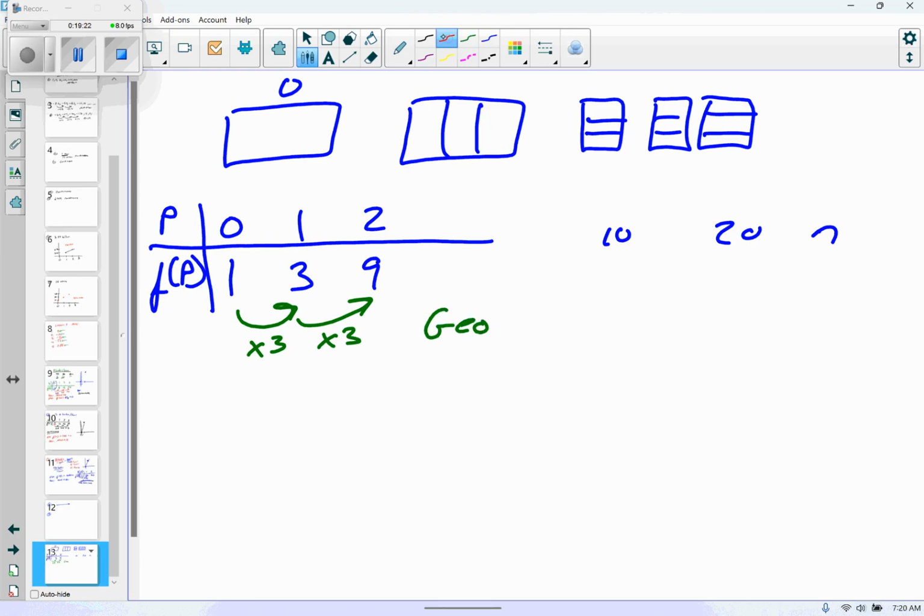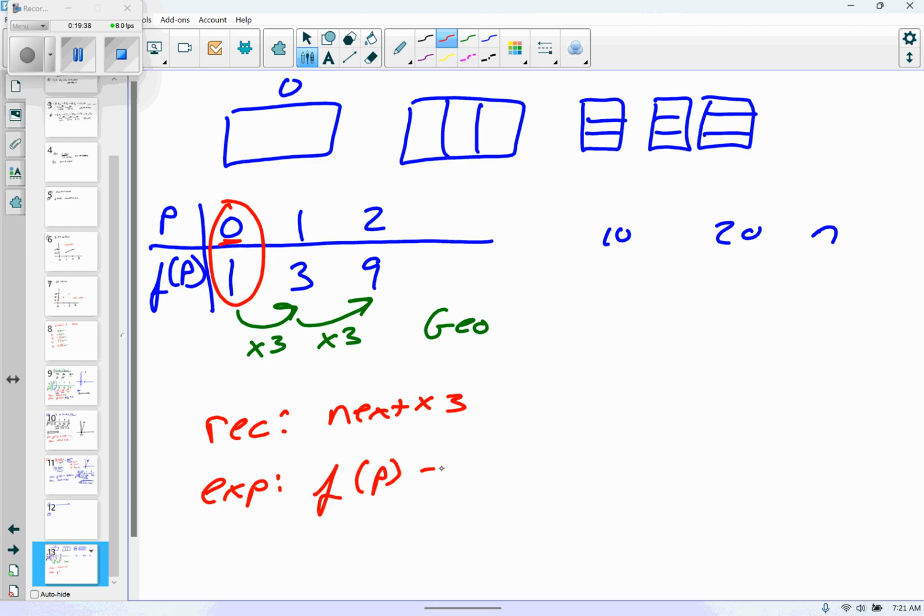I don't have to use an n minus 1 because I have a 0 there. So my recursive is going to be next times 3. My explicit is going to be F(P) equals our first term 1 times our multiplier, and we're going to raise that to the P power.